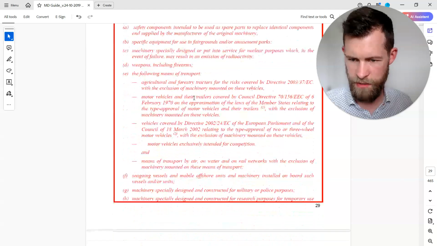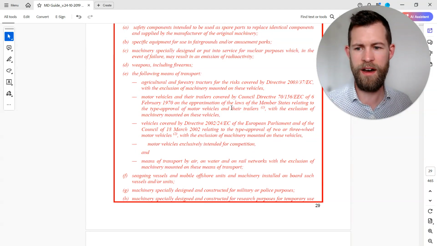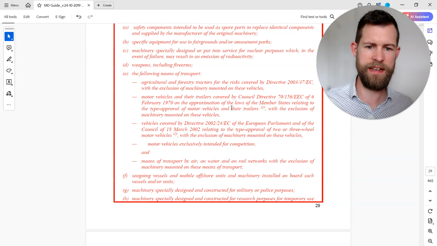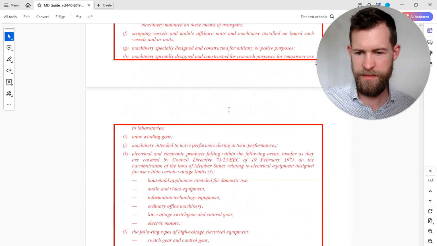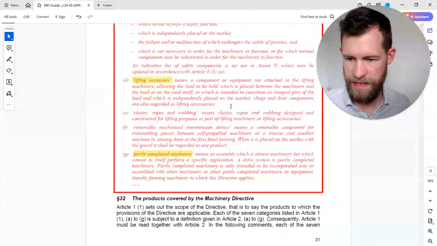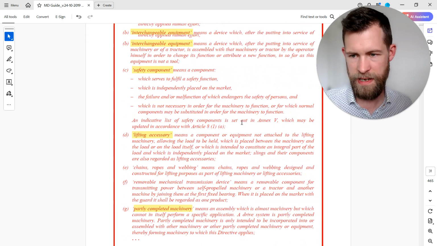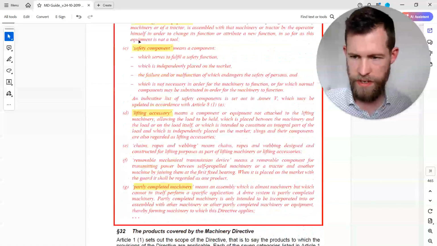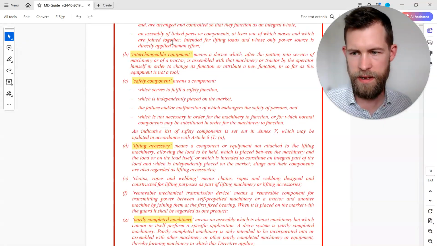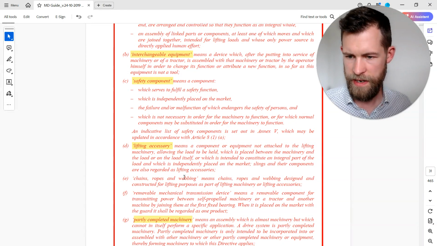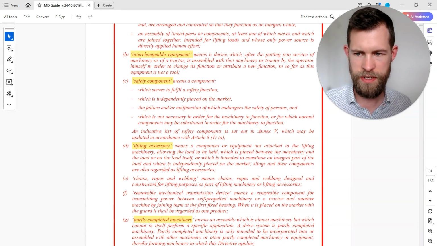So if we scroll down, the sections in red are like for like, taken from the directive, and then the sections that are in black further down, this is the commentary from the guide based on what these things are. So we're going to talk a little bit about what is machinery, but also what is partly completed machinery as well.